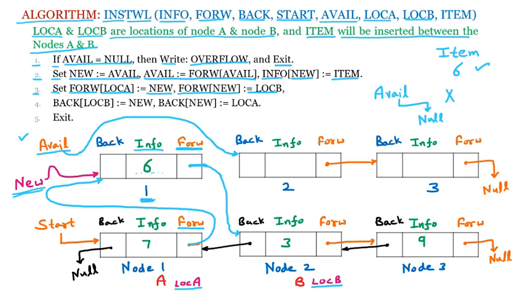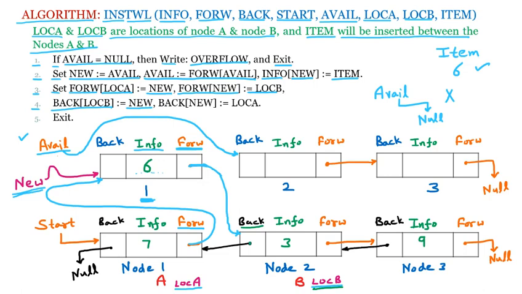Now we are going to the next line. Here we have line number 4, backward of loc B. So now we have to find out the backward of loc B. Location B is this one, which is the node 2, and backward is this part, is equal to new. That means the backward of loc B should be pointing to new now.